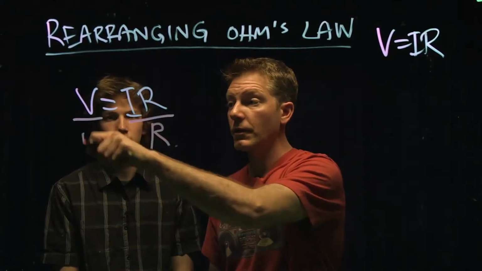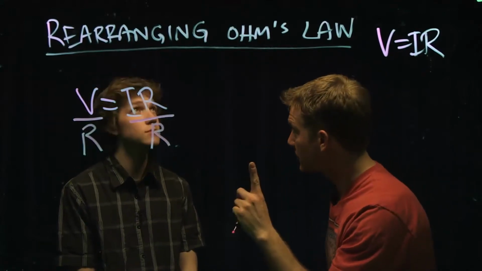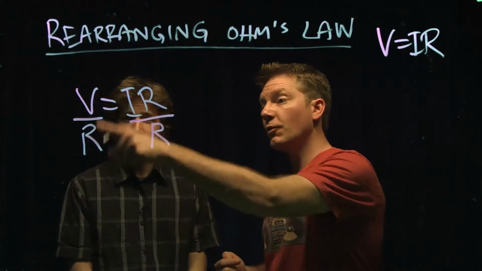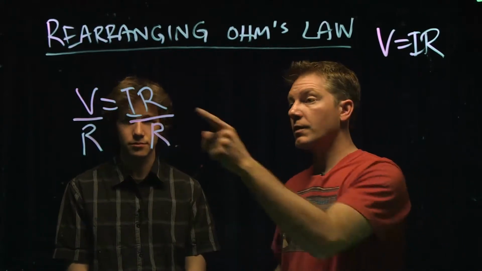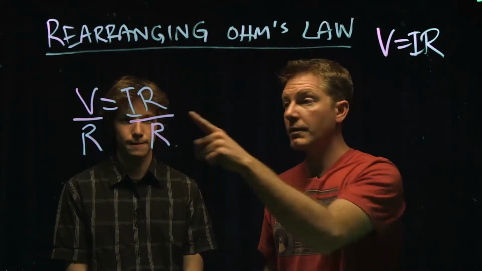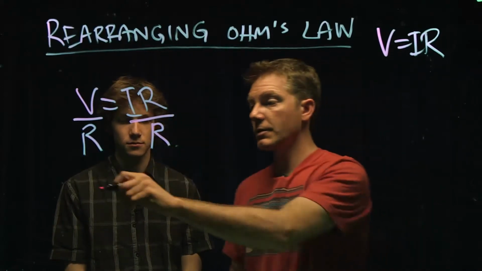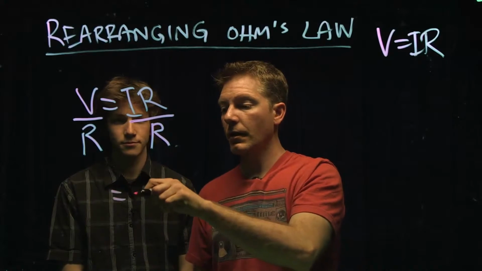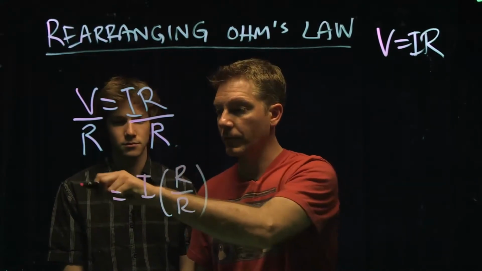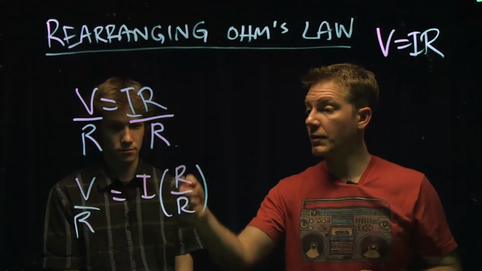Because anything divided by itself is one. So this is V over R, which is fine. Then we have I times R over R. This is the same thing as saying equals I times R over R. So we have V over R is equal to I times that.